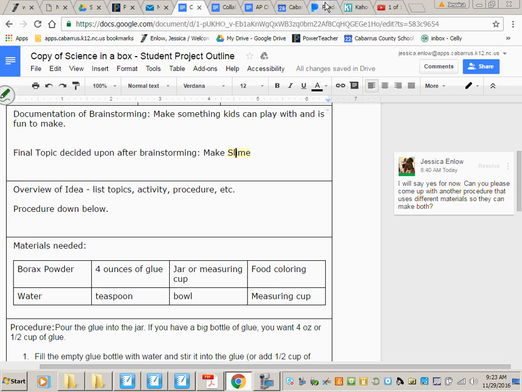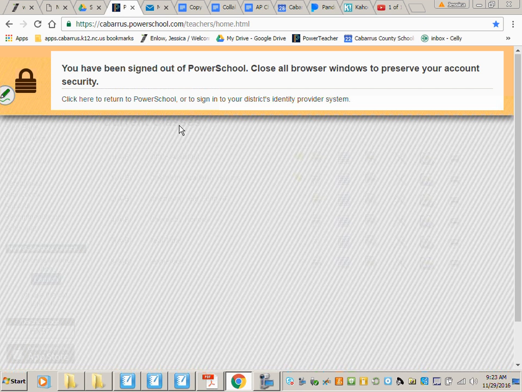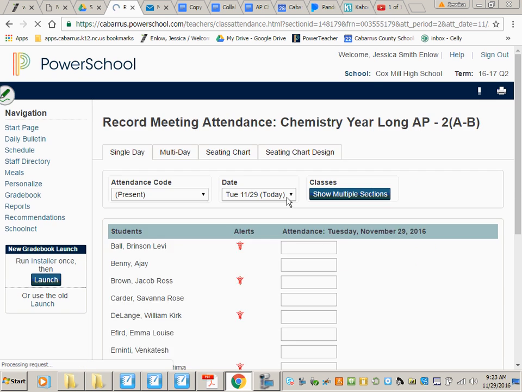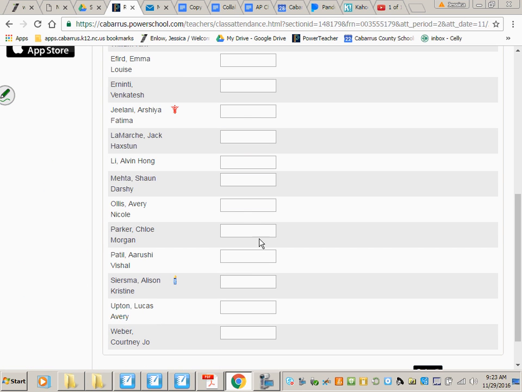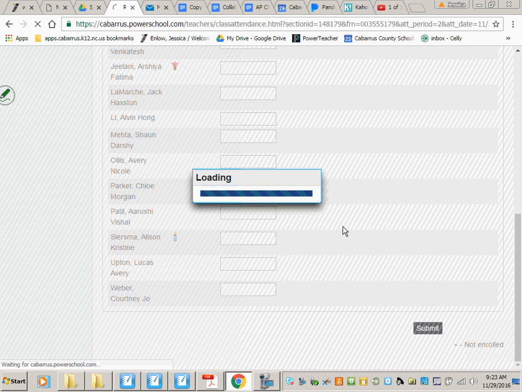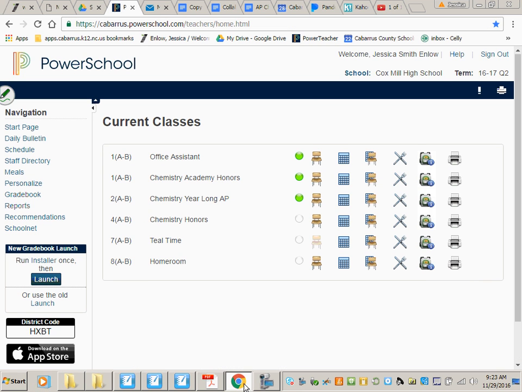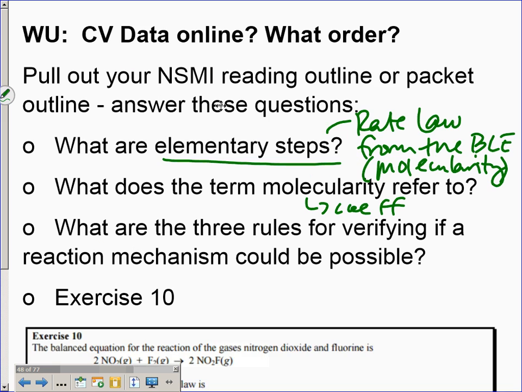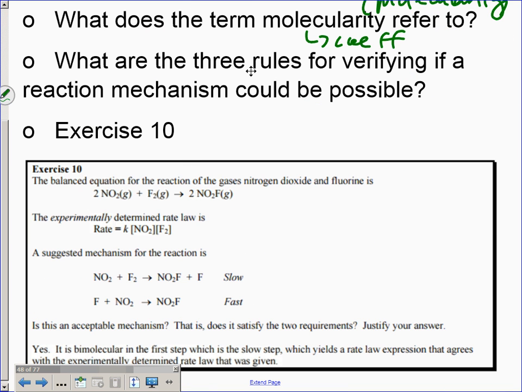Quickly. Anybody? 3 rules for verifying a reaction mechanism is possible.